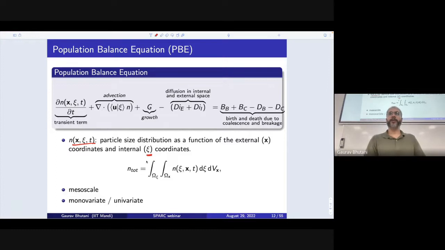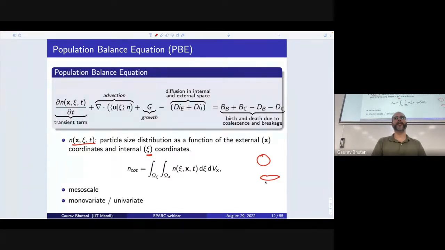Now this xi could also denote some other properties. So let's say we're talking about particles which have shapes which are changing. I say that particles with spherical shape or close to spherical shape are X in number, and particles which are non-spherical in shape are Y in number.